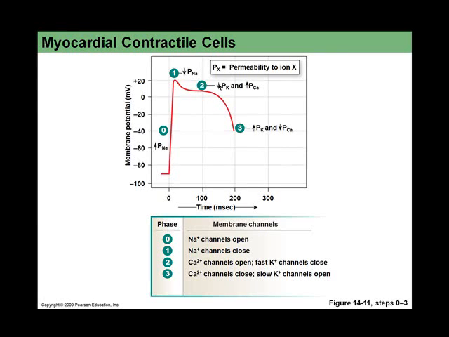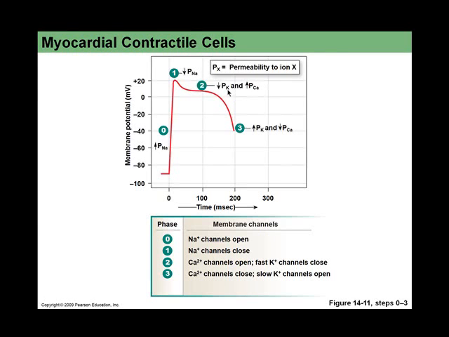So there's two different populations of potassium channels in the membrane of the cardiac myocyte, the sarcolemma, but there's also a calcium ion channel. So remember we said we're going to be talking about permeability of sodium, potassium, and calcium.